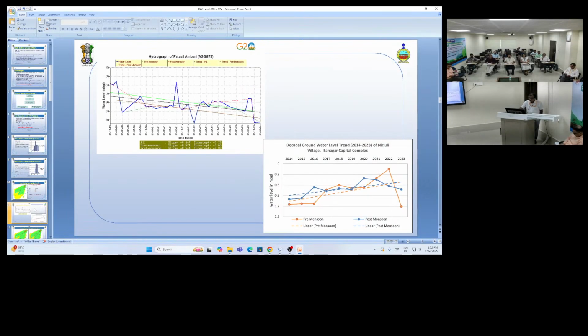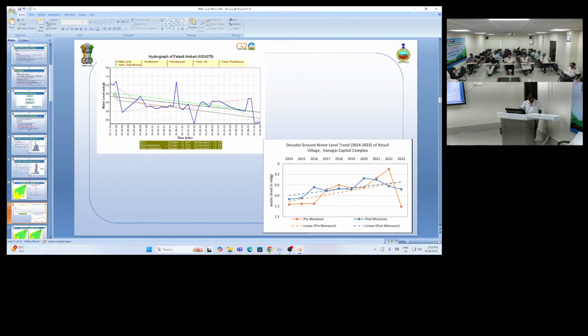Now, whether the long term water level trend is falling or rising: CGWB is monitoring the water level monthly. If you plot all this data in Excel and make a curve, you will find whether there is a decline or increase in water level. In the first slide you can see the green line, the trend of post monsoon.